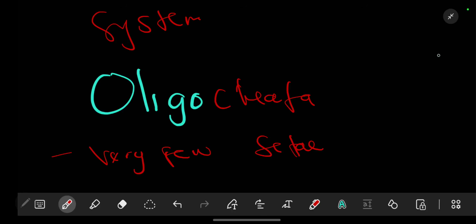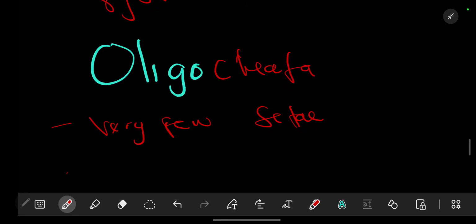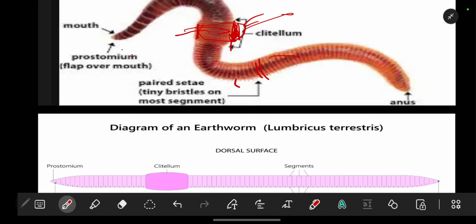Let's bring in an image. The example of Oligochaeta is what we are going to call an earthworm. So what is setae? These are those small spikes. These are what we call setae. They have small setae or tiny bristles on most segments, but they just have a few.